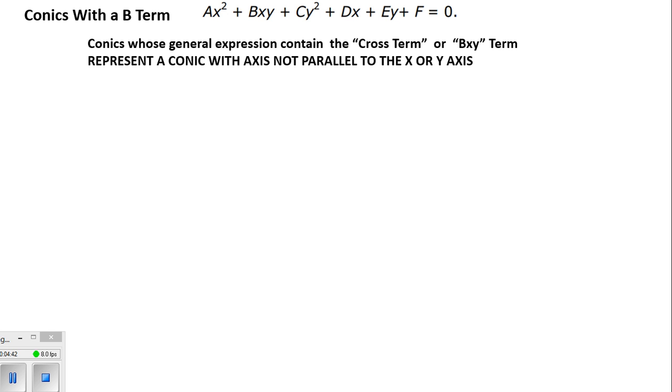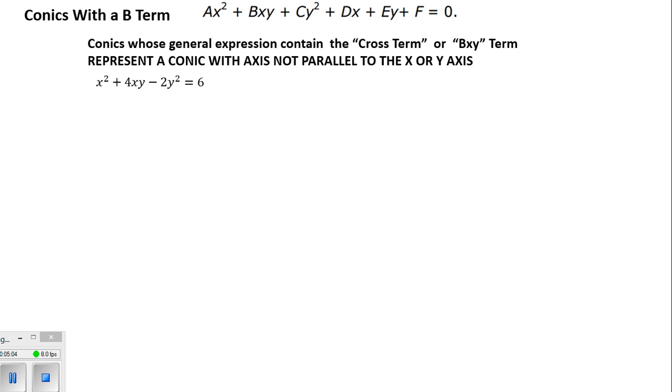And of course, what we have to learn is the classification of them, which is a little bit more involved than the classifications for the non-B term conics. These, as we'll see, represent conics whose axes are not parallel to the coordinate x or y axis.